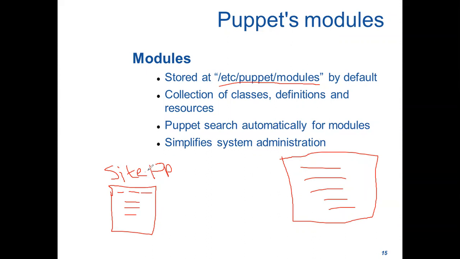It's a file, basically. So my site.pp, or my main manifest file, will automatically search the modules in this module section, which is at this location, and download those modules while executing this particular site.pp on this node.